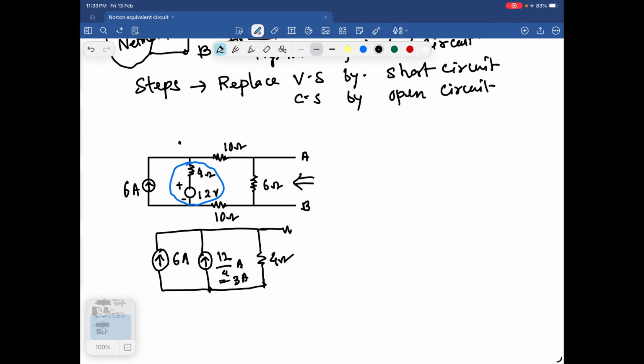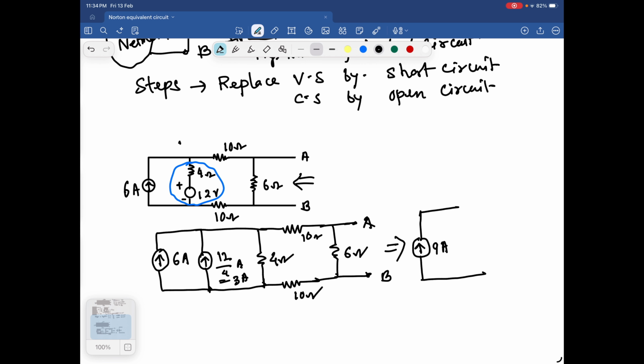Now this is 4 ohms, this is 10 ohm, again this is 10 ohm, and this is 6 ohm resistance. So what I can do, two current sources in the same direction, so we can redraw the circuit as 3 plus 6. So this will be a 9 ampere current source.